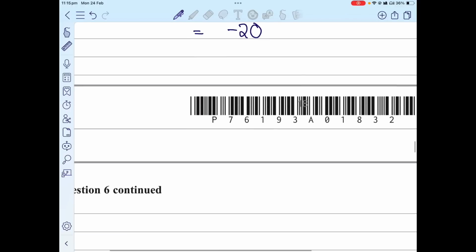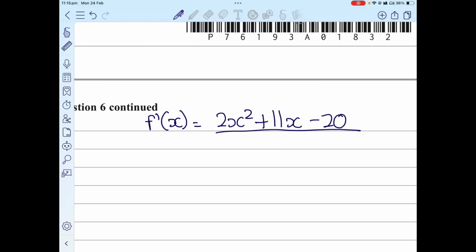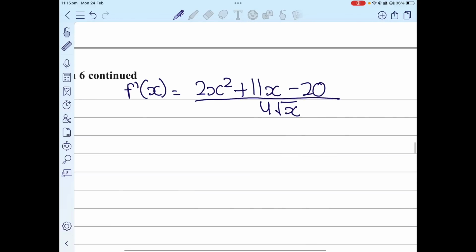Now I can write my f dash x as (2x squared plus 11x minus 20) divided by 4 root x. What I've done is I've simply put the a value and the b value in the original equation. Now we're going to simplify this because I don't like 4 root x in the bottom.